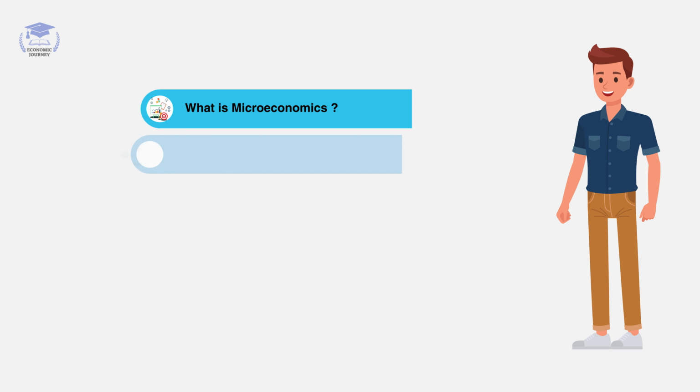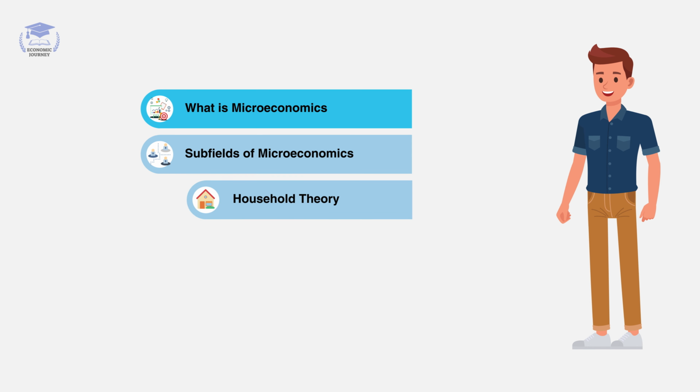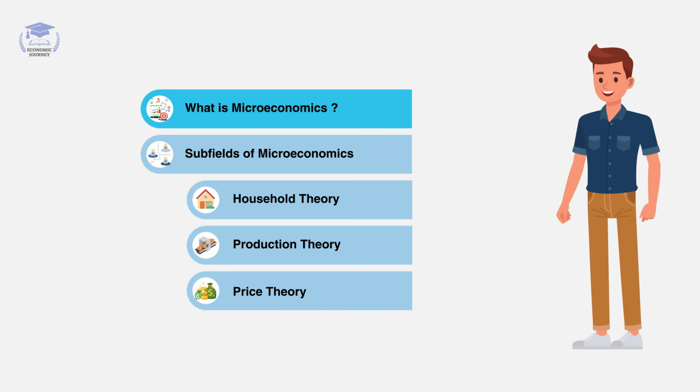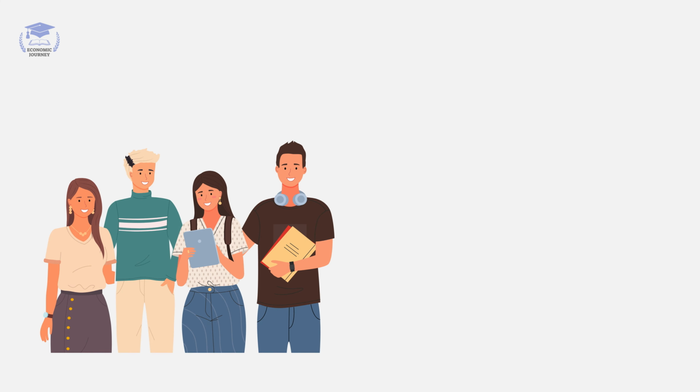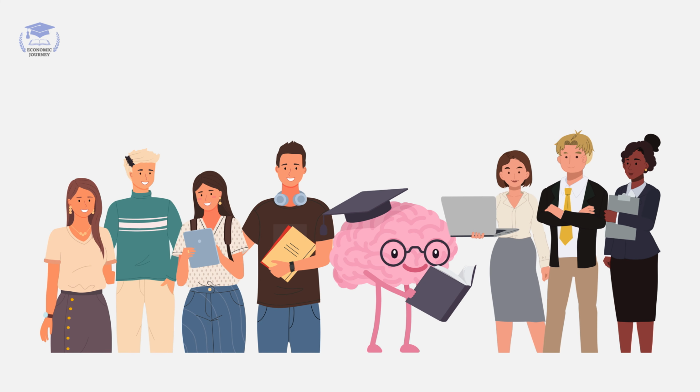Then, we'll explore the three central subfields of microeconomics: household theory, which deals with the decisions of individuals and families; production theory, which explains how companies produce; and price theory, which examines the formation and dynamics of prices in markets. Whether you're a student, entrepreneur, or just interested in economics, this video will give you a clear and simple insight into microeconomics. Let's get started.